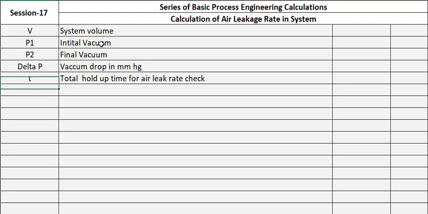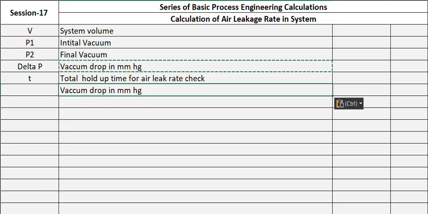Then we need to convert that vacuum drop from mmHg to mbar.